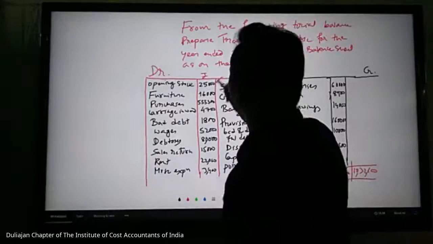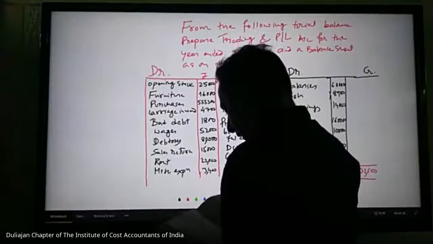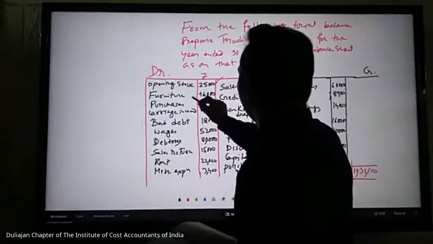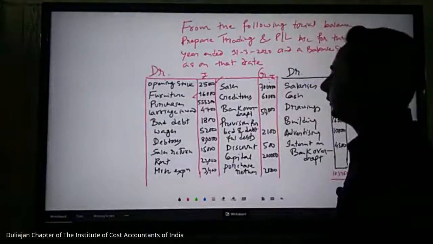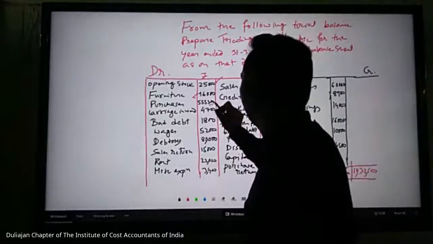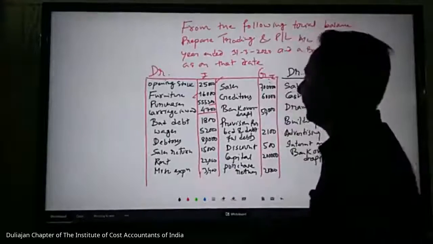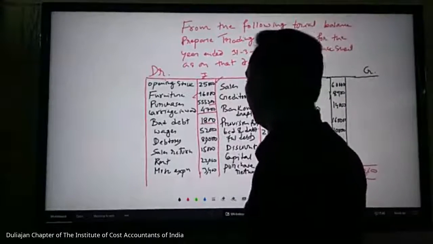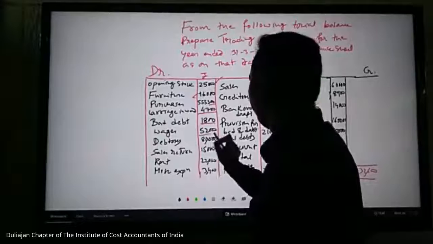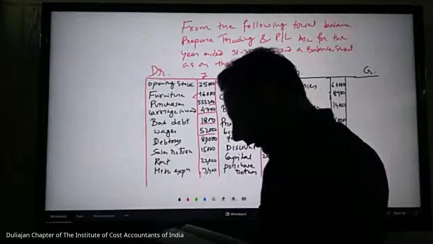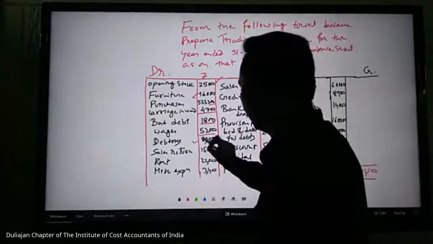Opening stock 25,000. Furniture 16,000. Purchases 555,300. Carriage inward 4,700. Bad debt 1,800. Wages 52,000. Debtors 80,000.